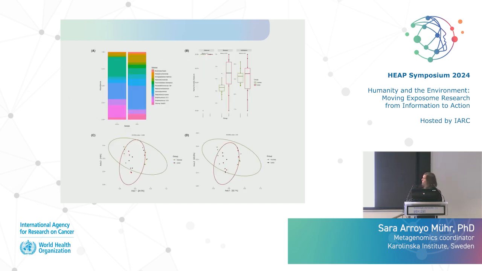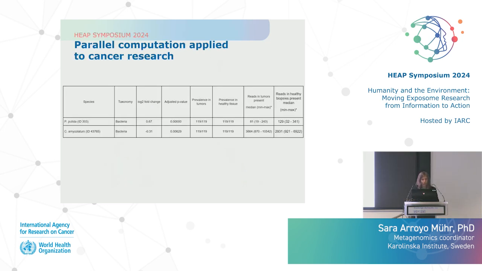Here are some examples where we can see the top 10 bacteria found in tumors and in mucosa, alpha diversities and beta diversities. I will not go very deep into that because someone is going to explain it now and give you some examples. This is the differential abundance, where we show if we find a microorganism that is more prevalent or abundant in one group compared to the other.